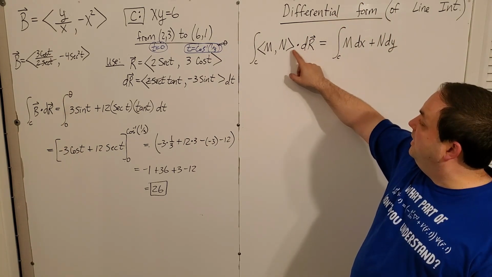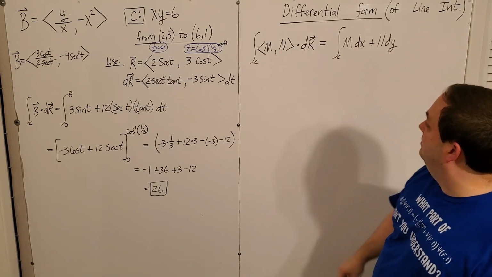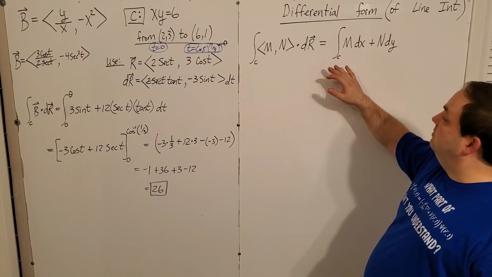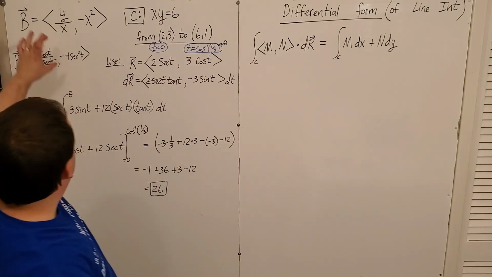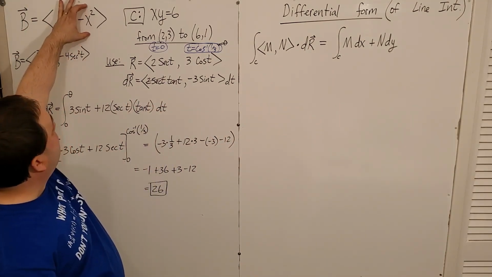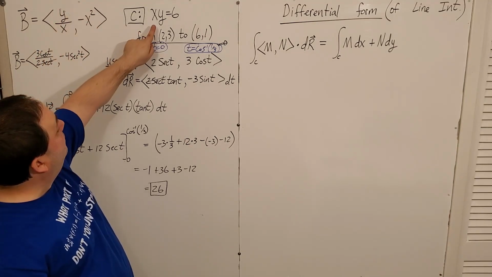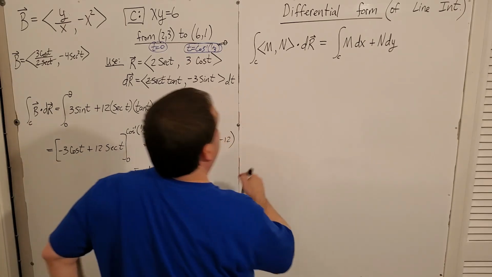So if I'm dotting it, I'm getting m dx and n dy from the dot product. In this case, m is y over x, and n is -x squared. And then I'm going to be doing the curve xy equals 6.